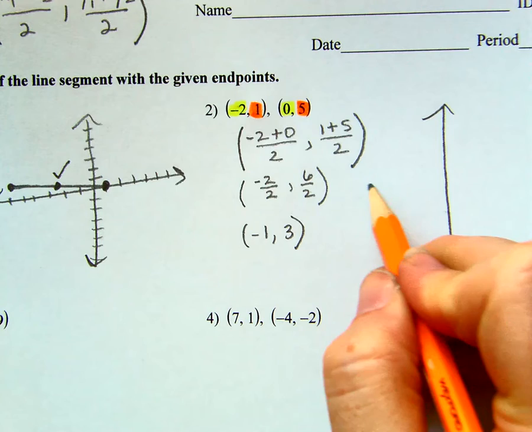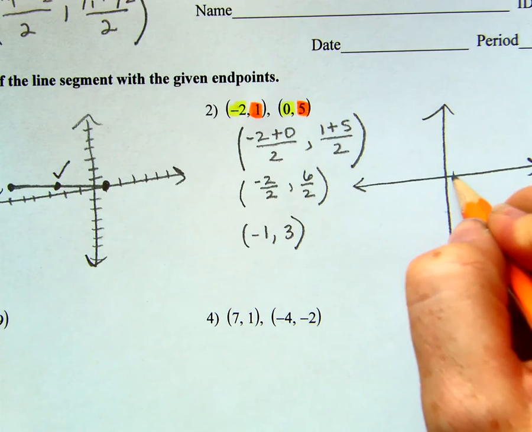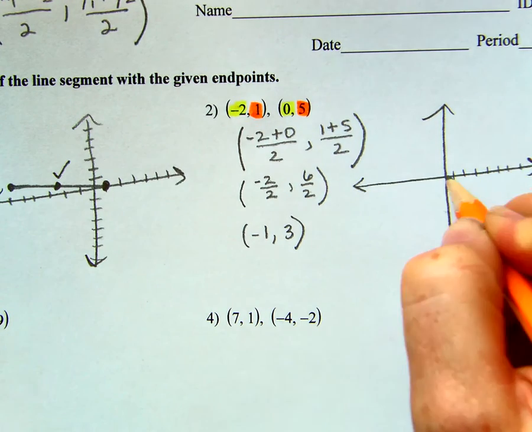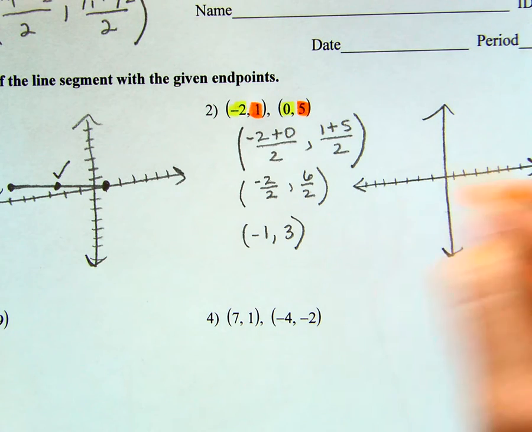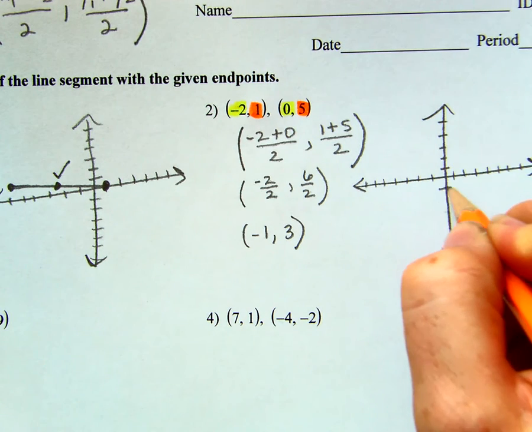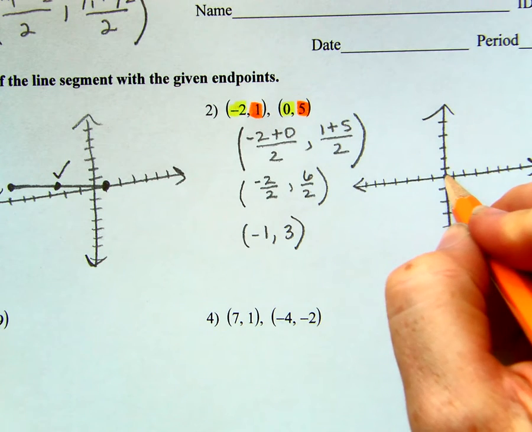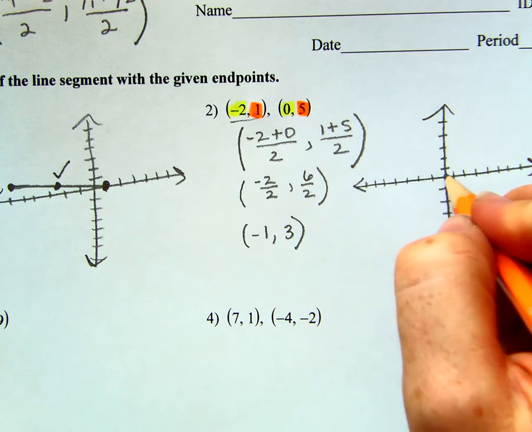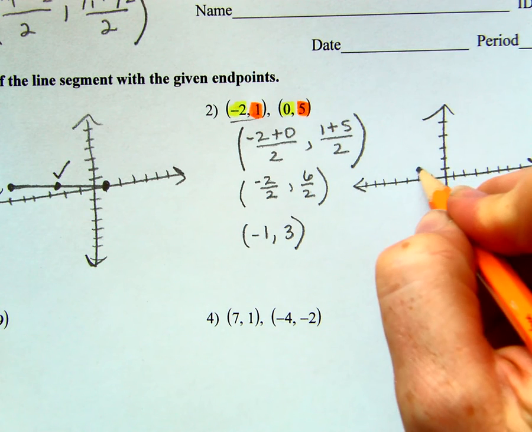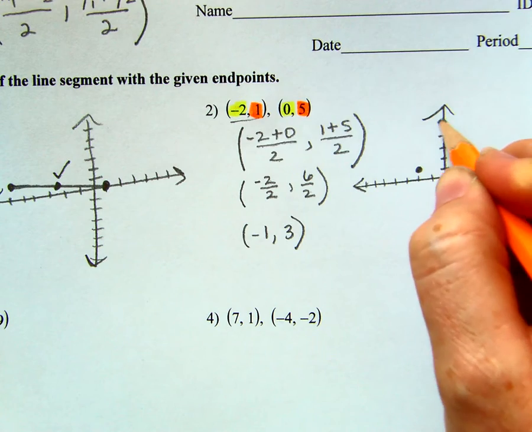Again, just confirming that this midpoint really is in the middle. So let me get some tick marks here on my axes. Remember, this is my x-axis. So I have my first point at negative 2, 1. So that's right there. My second point at 0, up 1, 2, 3, 4, 5.